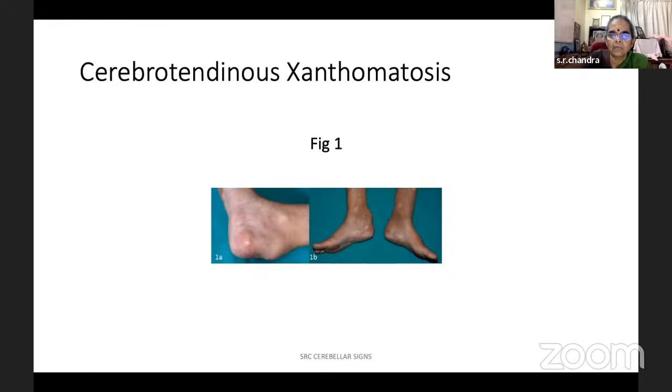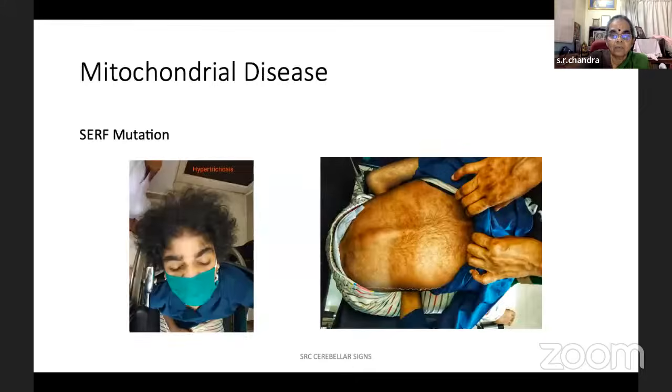At that time the diagnosis was very clear, with dentate nucleus signal changes. But this person initially met many doctors for these nodules. Biopsy was done, but unless you instruct the pathologist what you are looking for, they may not look for the xanthomas. So that was missed. This is cerebrotendinous xanthomatosis. The importance is that if it is diagnosed early, cognitive dysfunction can be prevented.